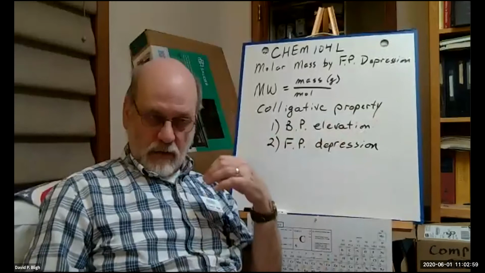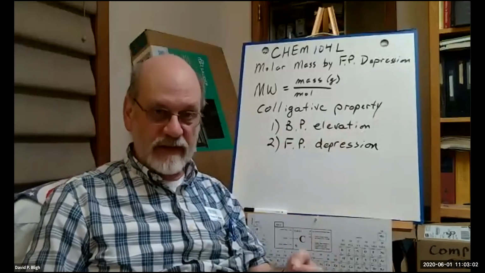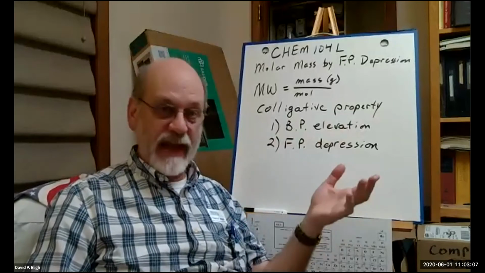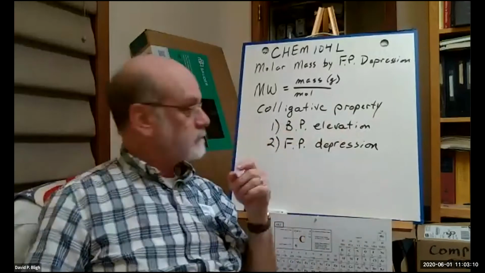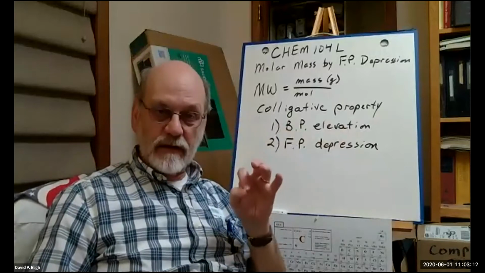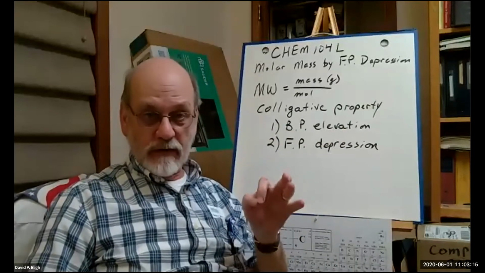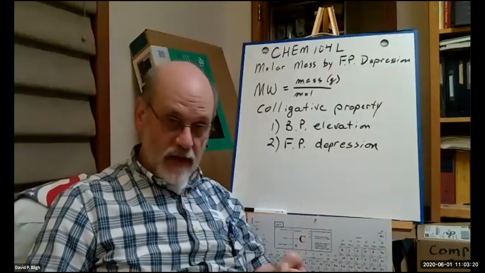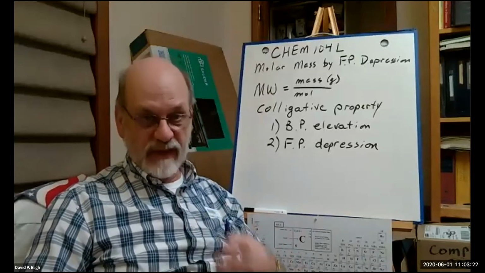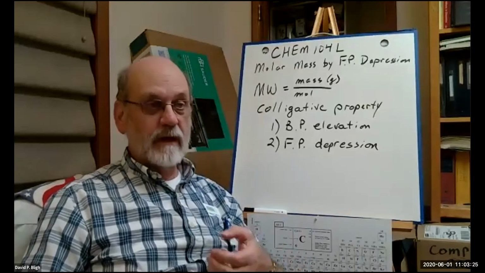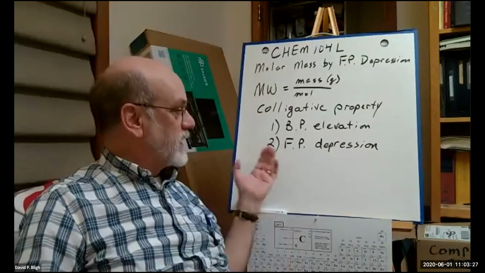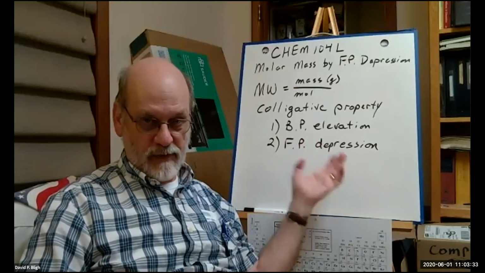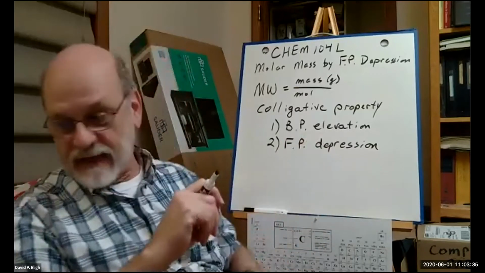So we'll have a freezing point for our solvent, which in this case is lauric acid, which is a fatty acid. And when we add a known mass of solute, our solute being benzoic acid, we get a depression in the freezing point. Okay? So we'll come back to that in a minute.